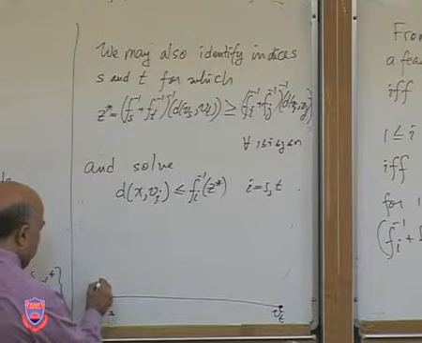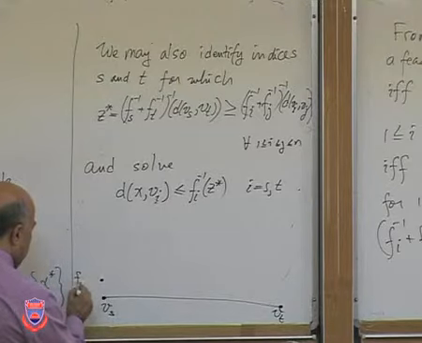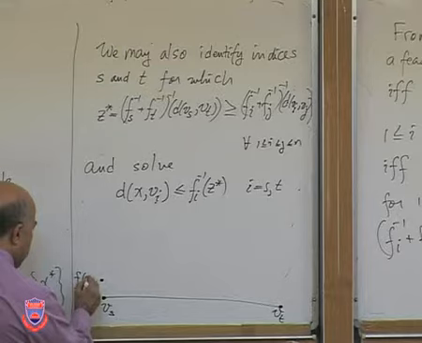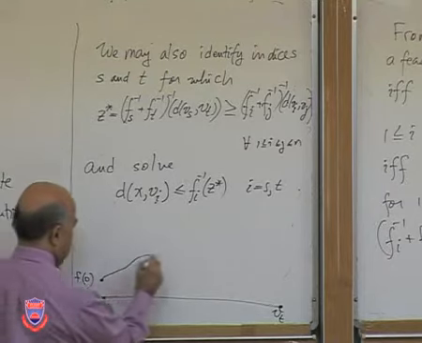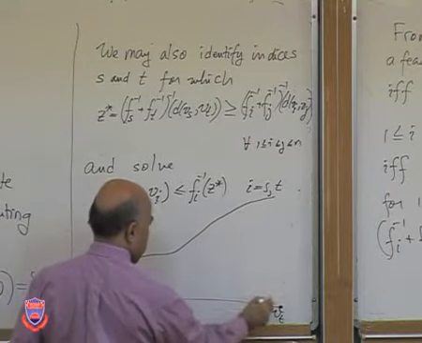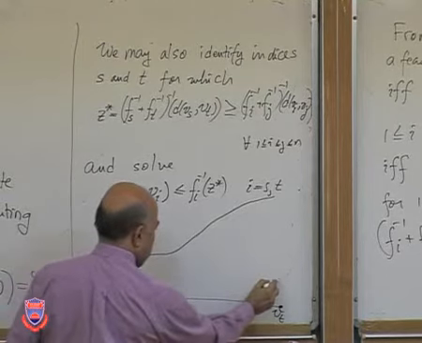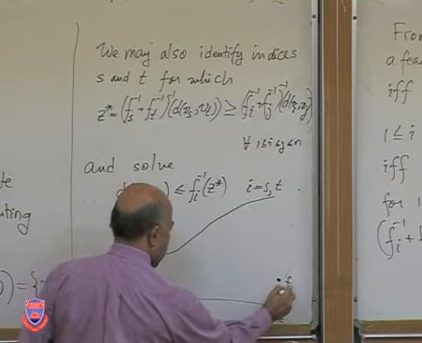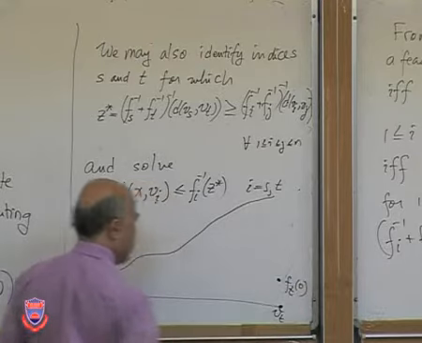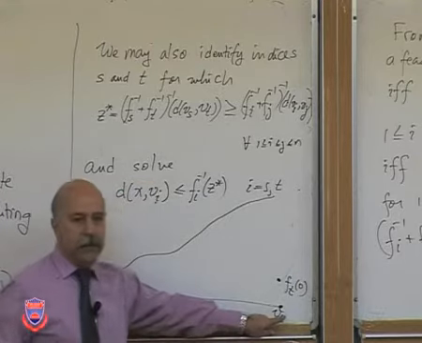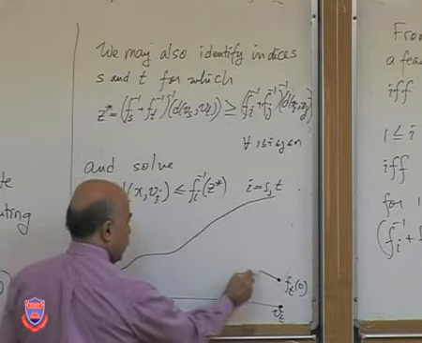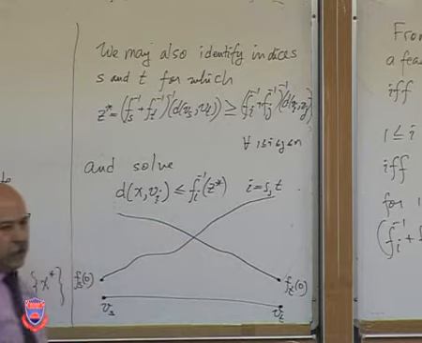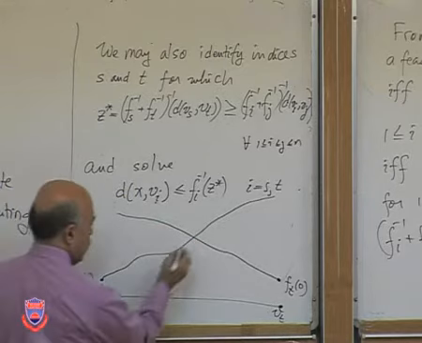Now, there's one function that begins at level Fs of 0 when your point x is on top of Vs, and then it starts increasing in some way. The other one begins at a value of Ft of 0 when your x is on top of Vt, and as you move away from Vt, it increases in some way, like that. And then they meet at some point.